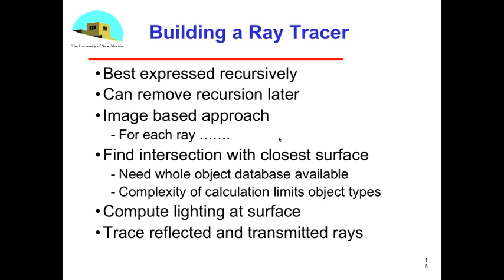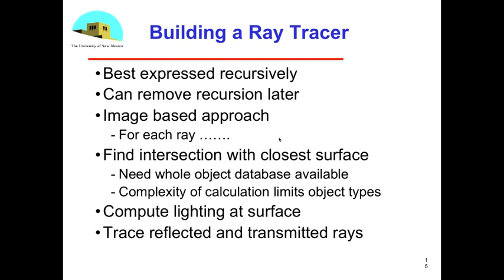And the fundamental operation we're always going to have to do is, for each ray we trace, we're going to have to find the closest surface it hits. So I'm going to have to intersect that ray with every object in our database, unless we try some heuristics on that, which people do a lot of, and then compute the lighting at the surface. That's what we just said. We'll apply the modified Phong model there. And then we'll do the same thing with the reflected and the transmitted rays, taking into account that a lot of the energy might have been absorbed at that point.